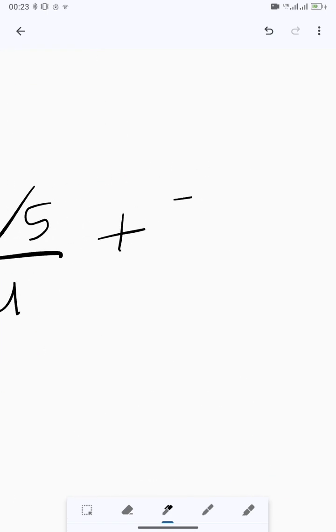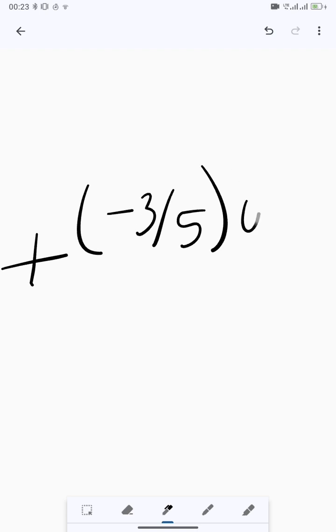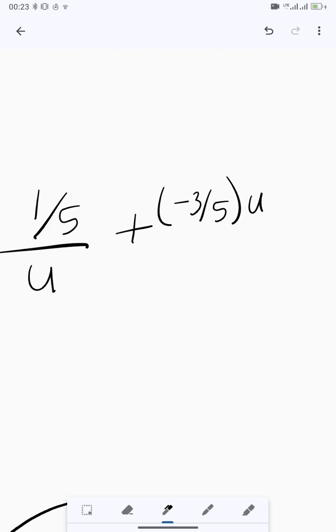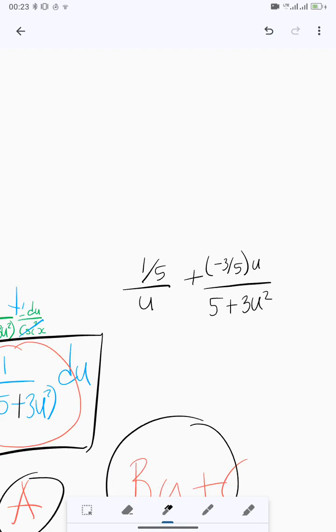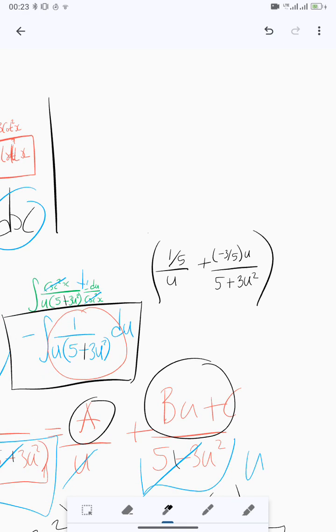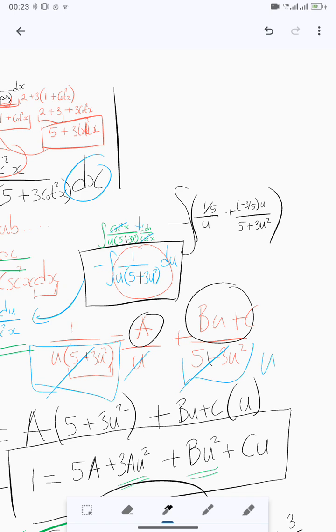And then remember you had u here, then c is equal to 0, so don't mind c. Then here you have 5 plus 3u squared. So we have to replace your integral with this. Your integral, remember you have negative 1 outside.